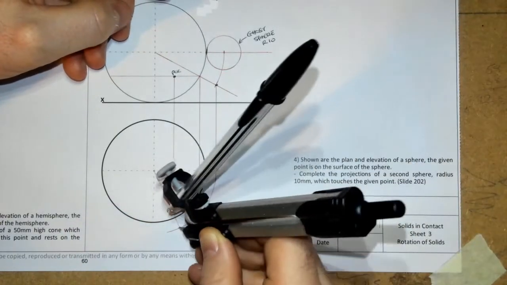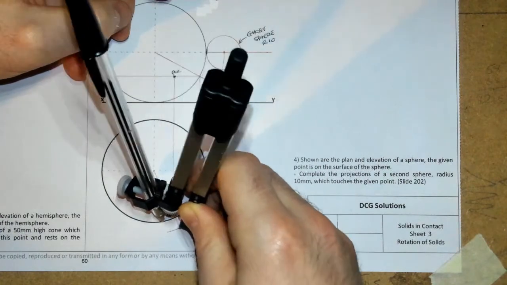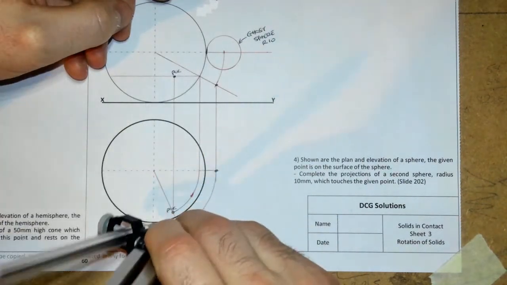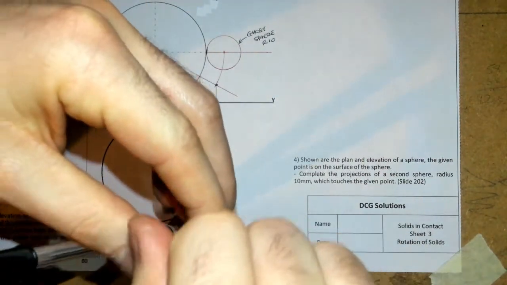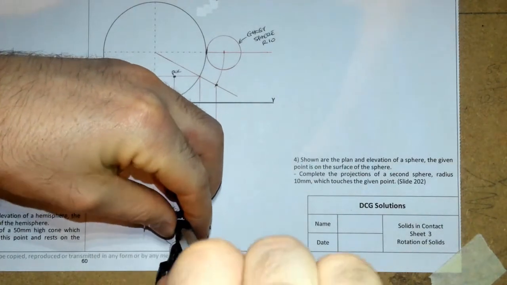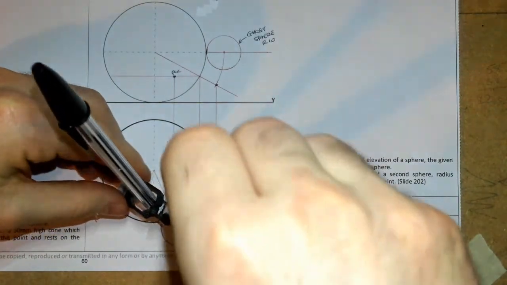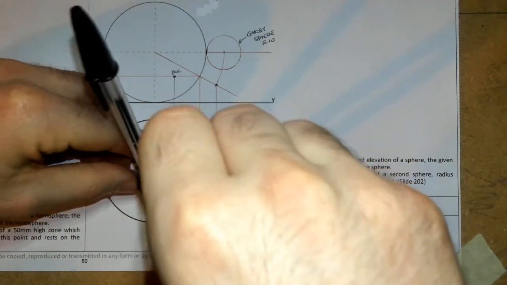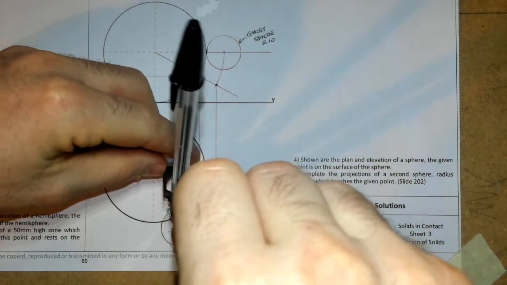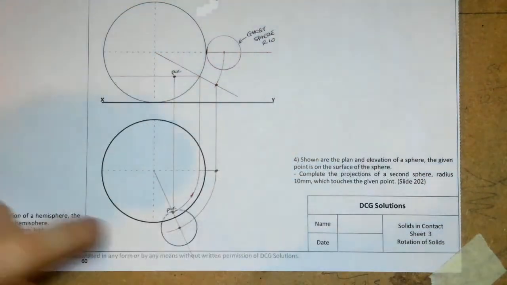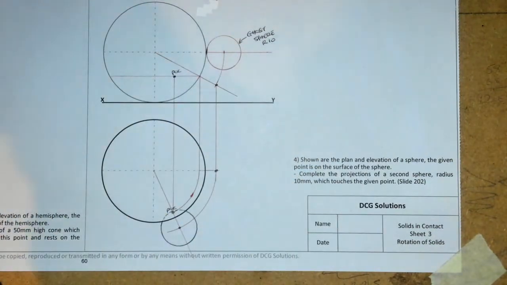There we go. And what I'll have is a bit of hidden detail, because as I said, it's on the bottom half, so it's underneath. So inside here, and that's coming out okay actually, because we can see the point of contact is just inside it.